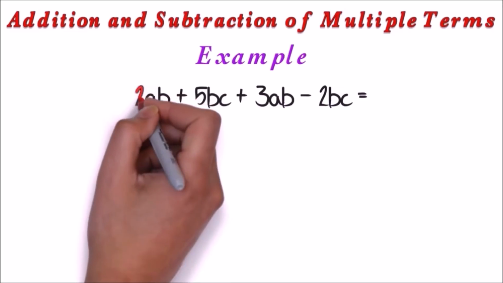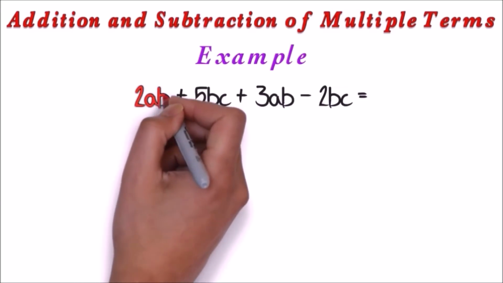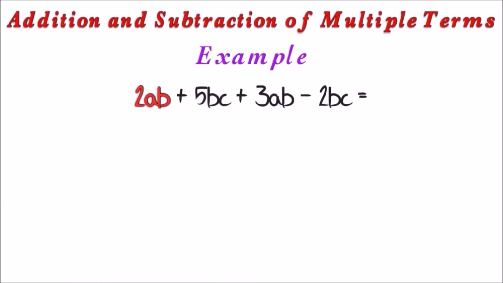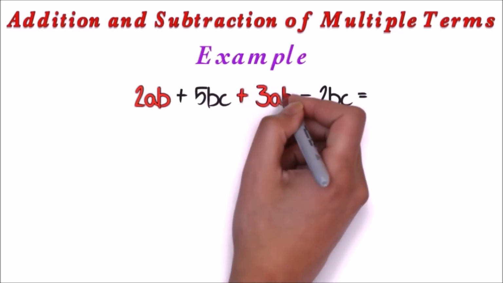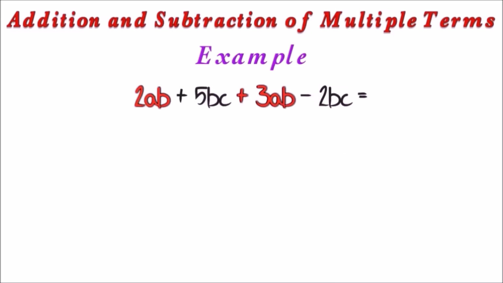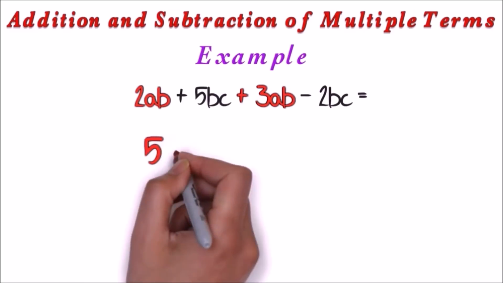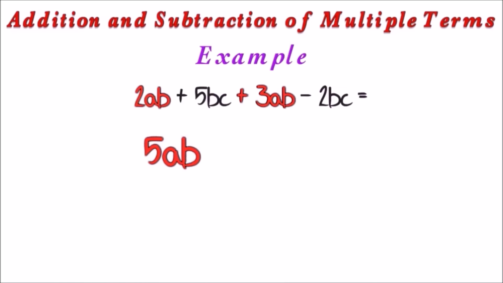Here, we take the first term, 2ab, and find out if there are other terms with the same letters after it. We notice we have 3ab, so we can add 2ab and 3ab to get 5ab.